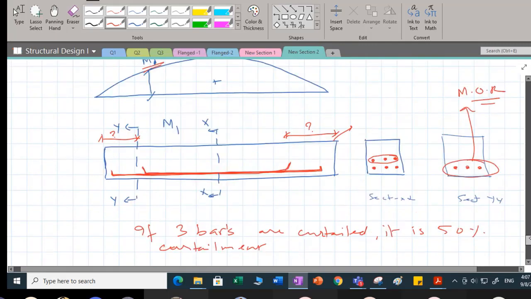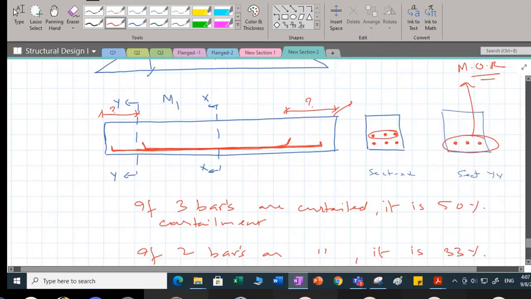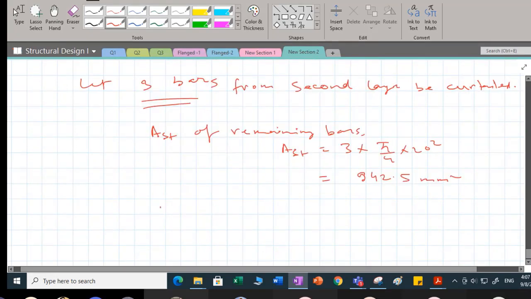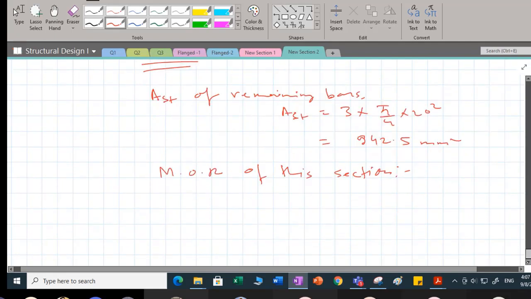Now what I will do, I'll compute the moment of resistance at this particular point. Or I am asking you, what is the moment of resistance when you are having only 3 bars? So can you compute the moment of resistance of this section? In fact, you have to think of the problem like this.